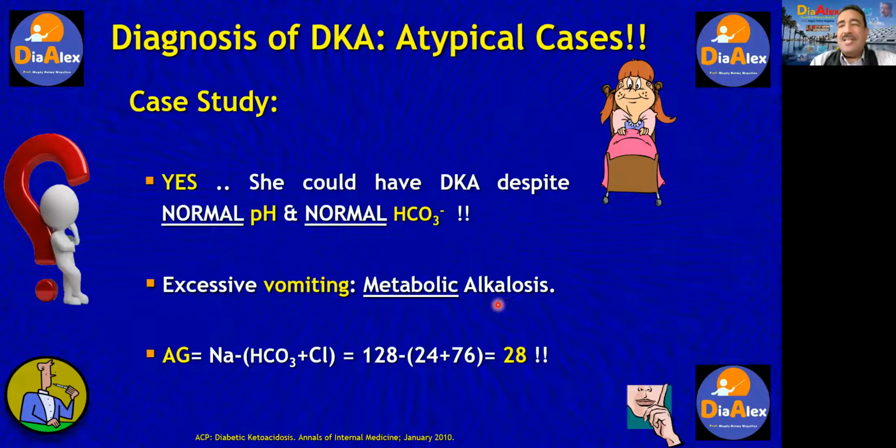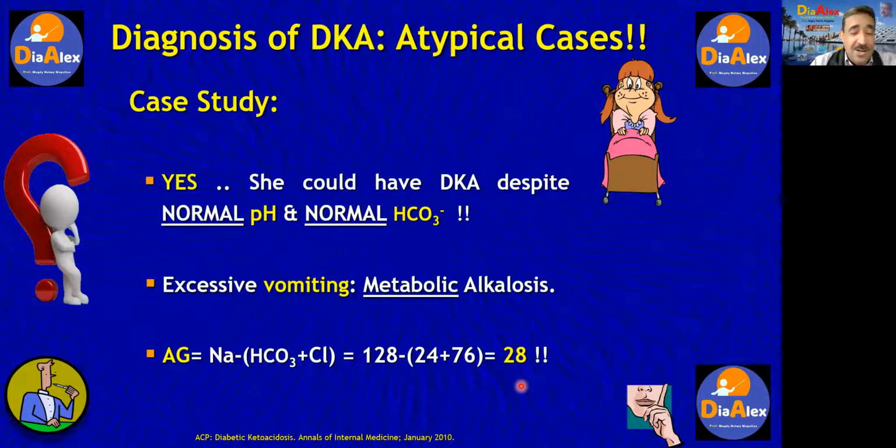And the clue here is when you calculate the anion gap. For this patient, the sodium is 128 minus the sum of bicarb and chloride, 24 plus 76. Anion gap is 28. It is much, much higher than normal. It's more than 10.